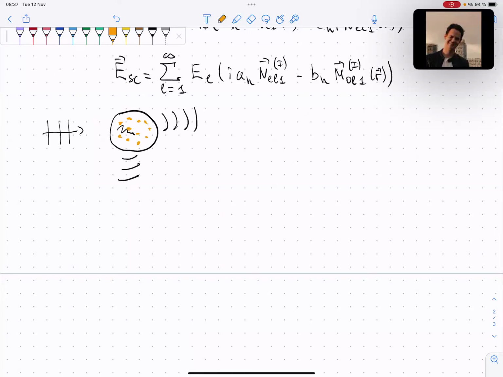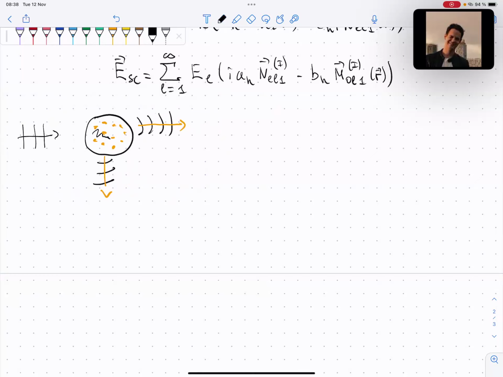From basic physical principles, when something oscillates, it produces only an outgoing field. This means that the scattered field should also be an outgoing field, and this index 1 here represents exactly this.